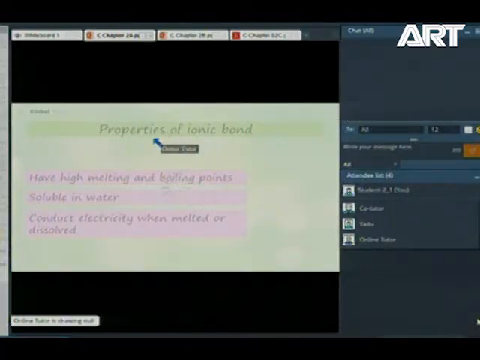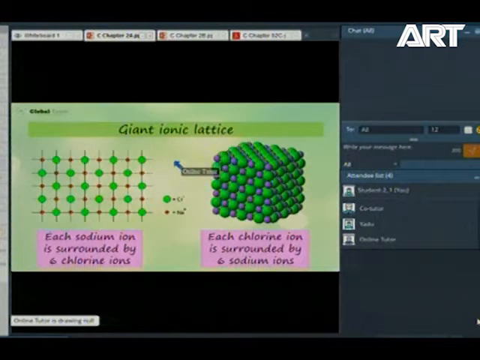Moving on, as I told you, most salts, the most popular one being sodium chloride, have ionic bonds, and they normally are present in an ionic lattice. These are very large, giant ionic lattices. This is how you represent it. Each sodium ion is surrounded by 6 chloride ions.